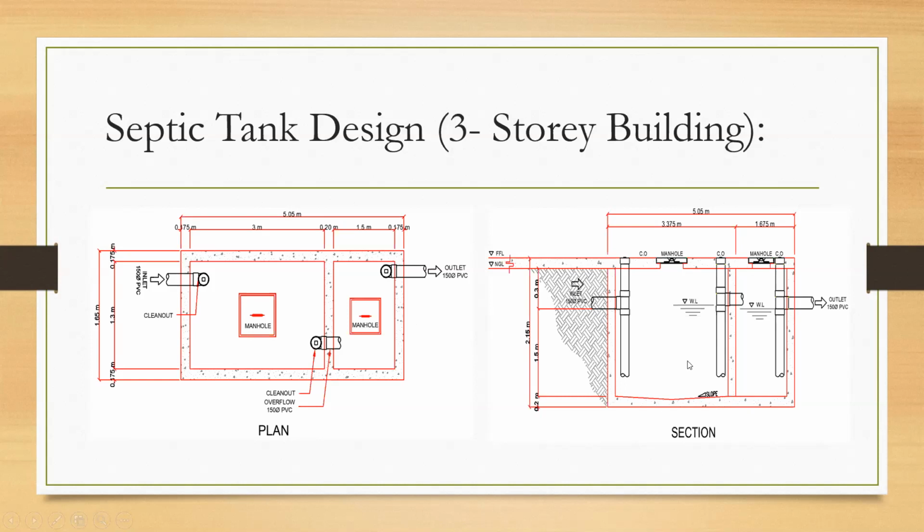Now, for the, kaya ko po nilagyan ng outer dimensions kasi kasama po rito yung kung sakasakali, yung inyong proposal for the cost is kasama din yung excavation kung kayong gagawa ng septic tank. So the volume of the soil to be excavated is 5.05 times 1.65 times 2.15.